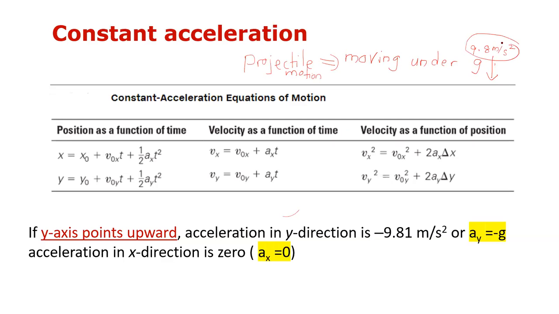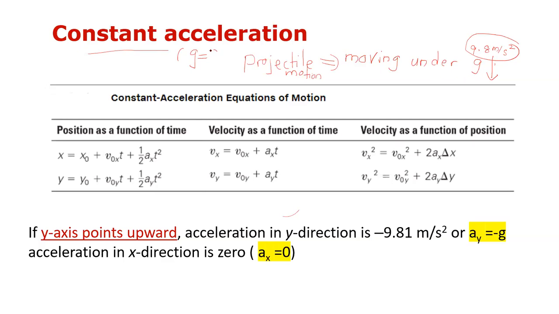We assume that this g is constant and there is no air resistance. We ignore those effects. In other words, we are talking about something moving under constant acceleration, a special type of acceleration, which is g.